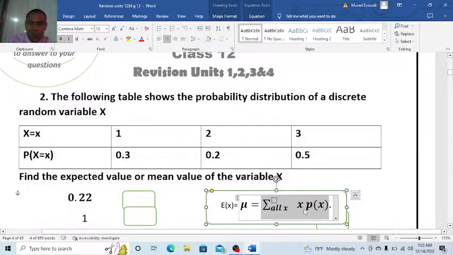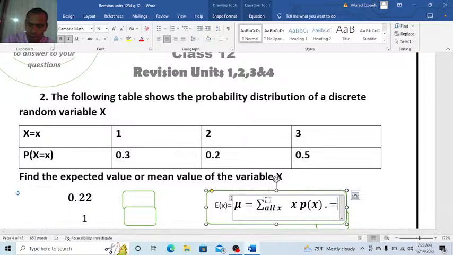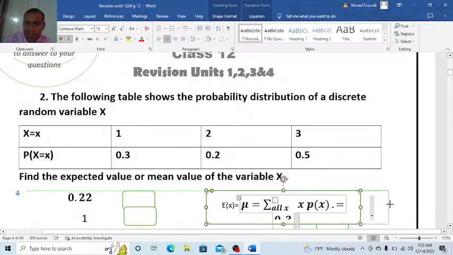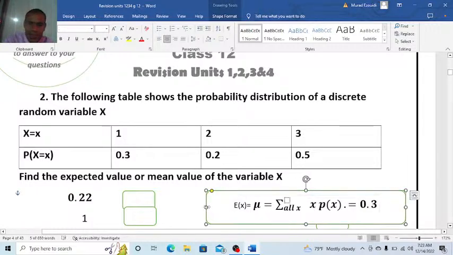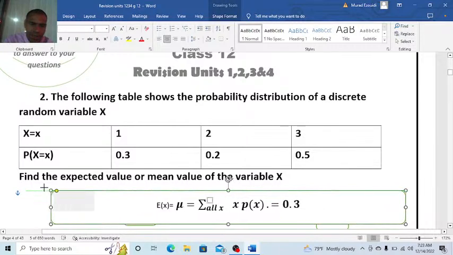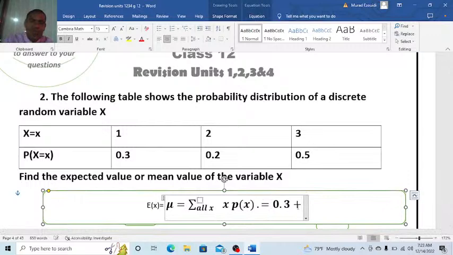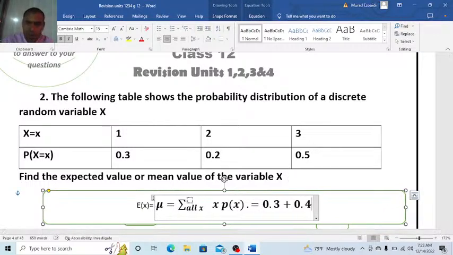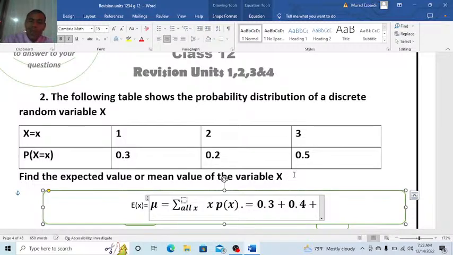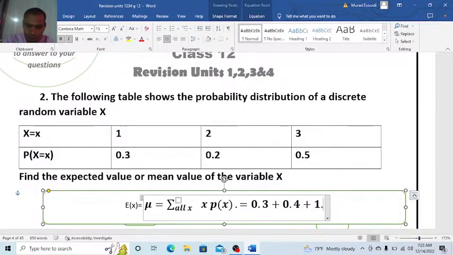1 multiplied by 0.3 is equal to 0.3, plus 2 multiplied by 0.2 is 0.4, plus 3 multiplied by 0.5 is 1.5.